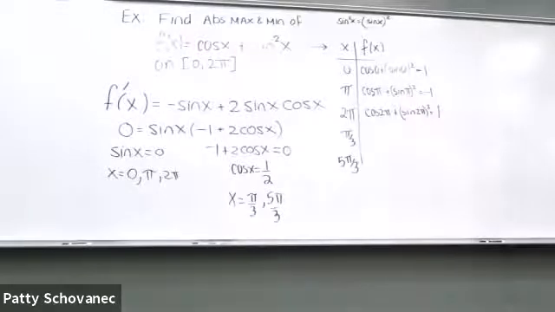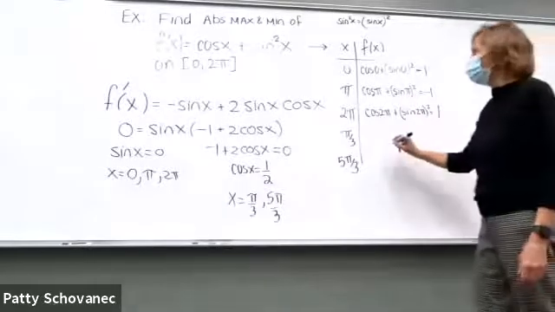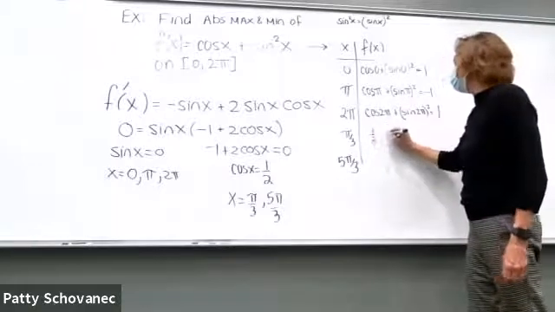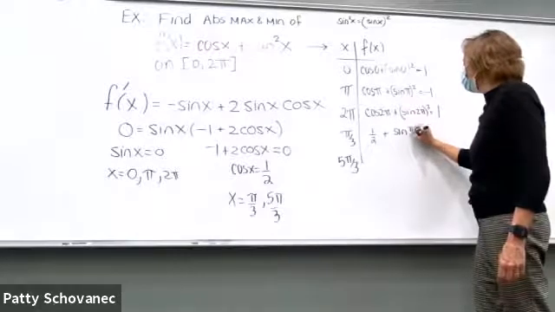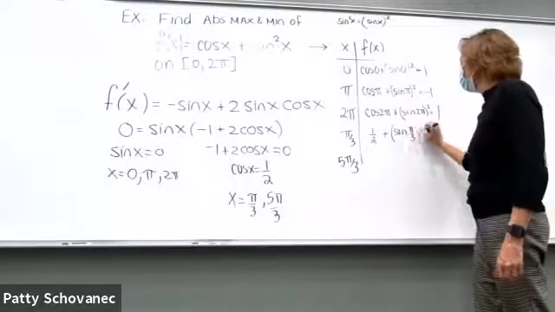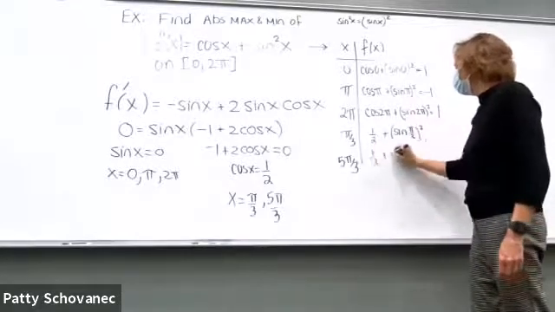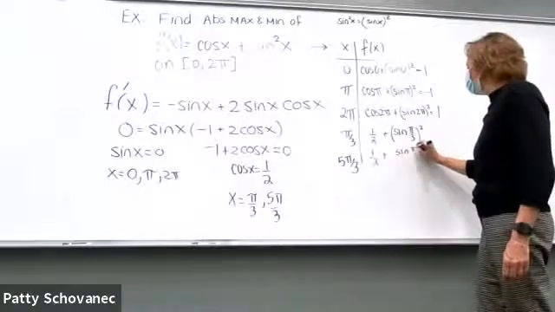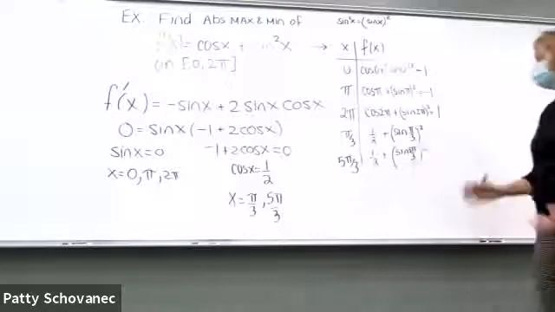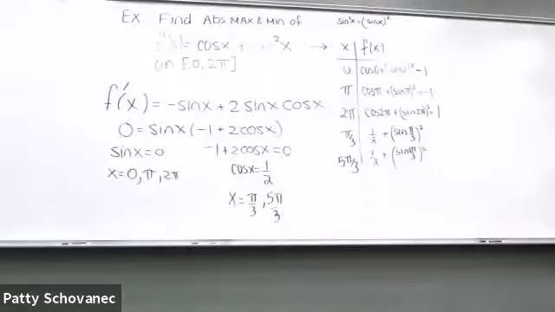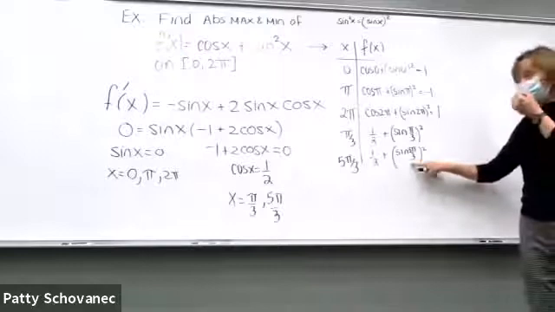Cosine of pi thirds and 5 pi thirds are both a half. So let me go ahead and put a half in here. Sine of 5 pi thirds is going to be the negative of the sine of pi thirds, but we're squaring. So whatever number I get here is going to be the same thing I get there.